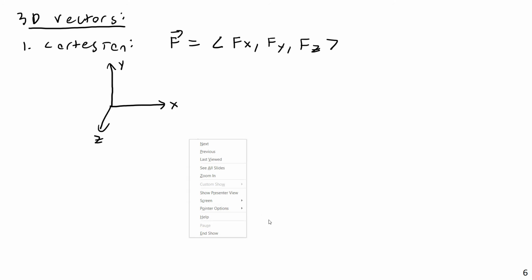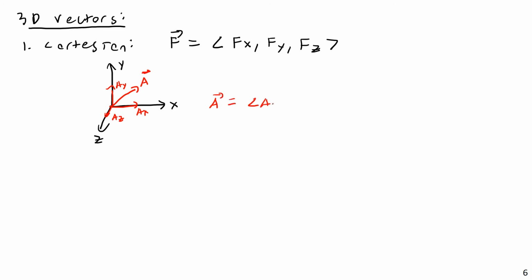And then maybe I have my overall vector, or maybe for example, a generic vector A. And that generic vector A would have some components AX, AY, and AZ. So vector A is equal to AX, AY, and AZ.